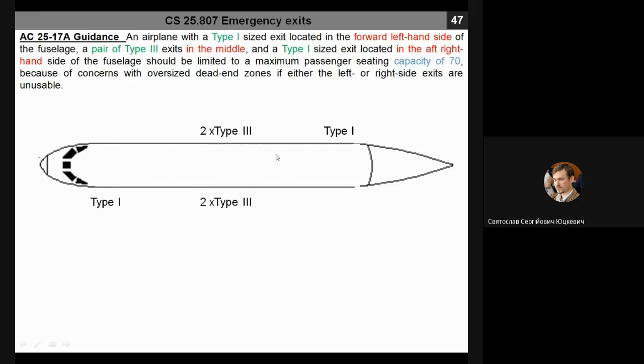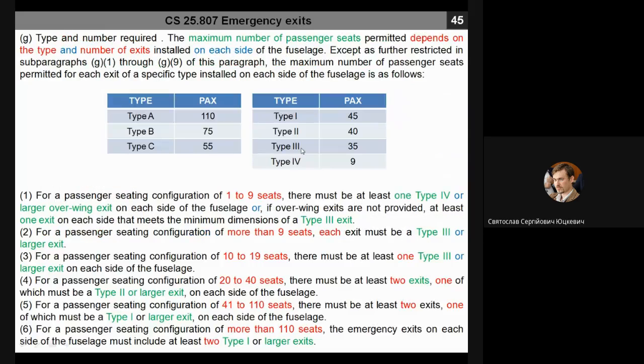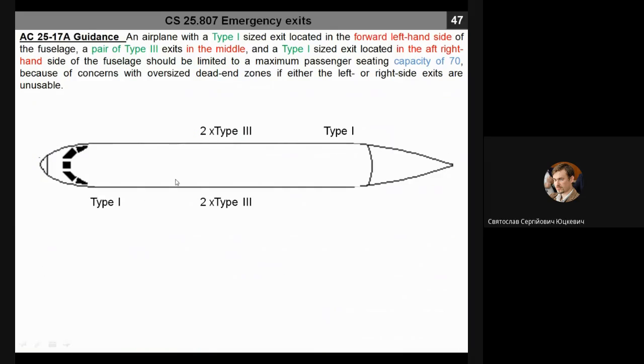When we talk about type 1, it's 45 passengers per exit, and type 3 is 35. If we talk about the double type 3 with a number of rows less than 3 between them, it will be 70. For this example, we have significant so-called dead ends.